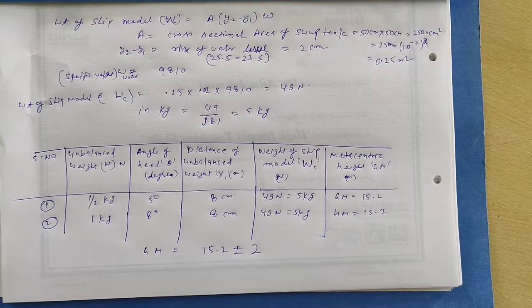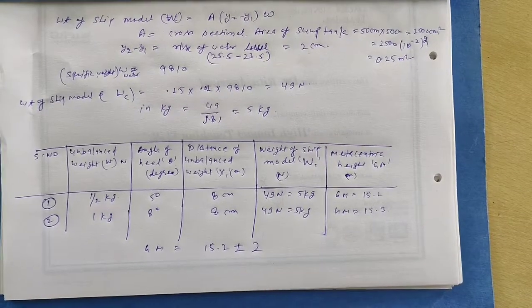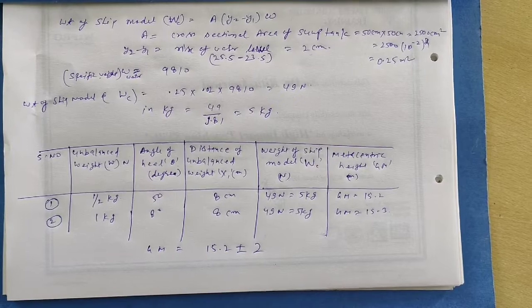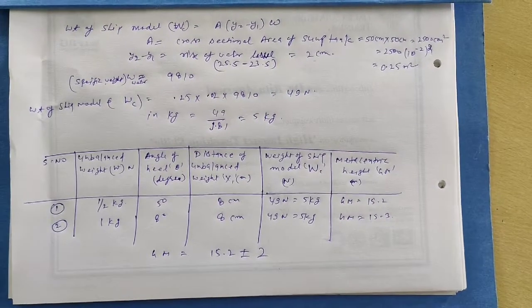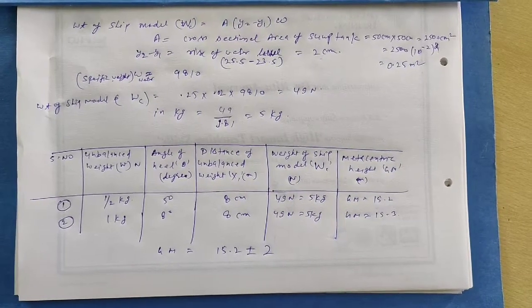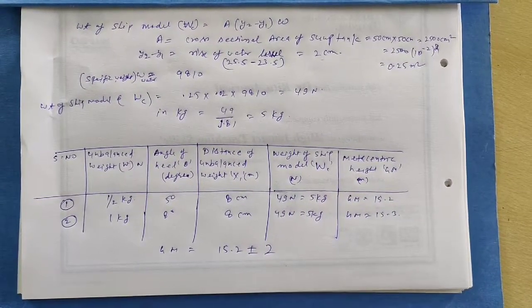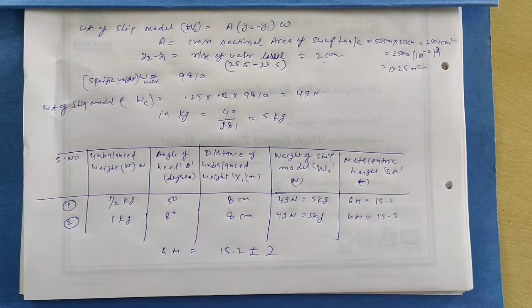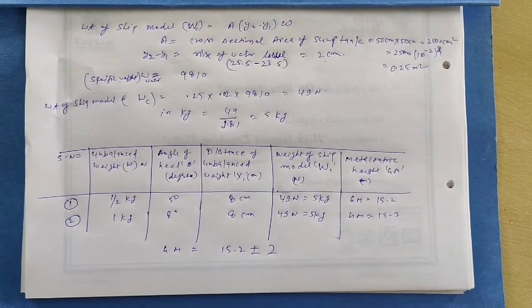Sometimes in taking weight there is inaccuracy due to unbalance of the ship model, so a plus minus 2 centimeter variation is desirable. So it may be 13 to 17. It may vary when you are taking the reading.